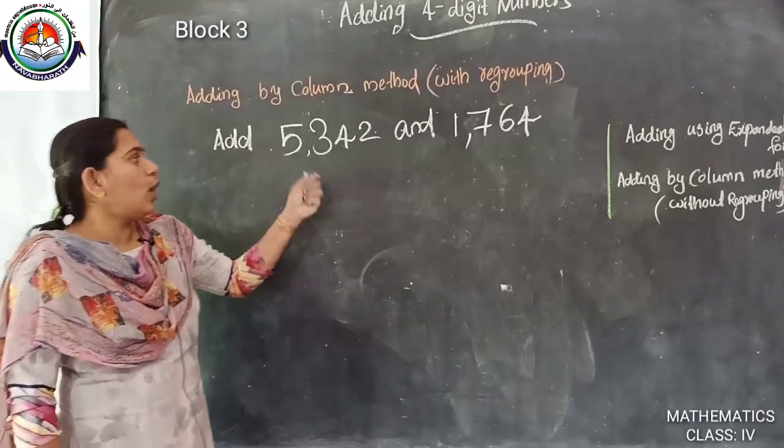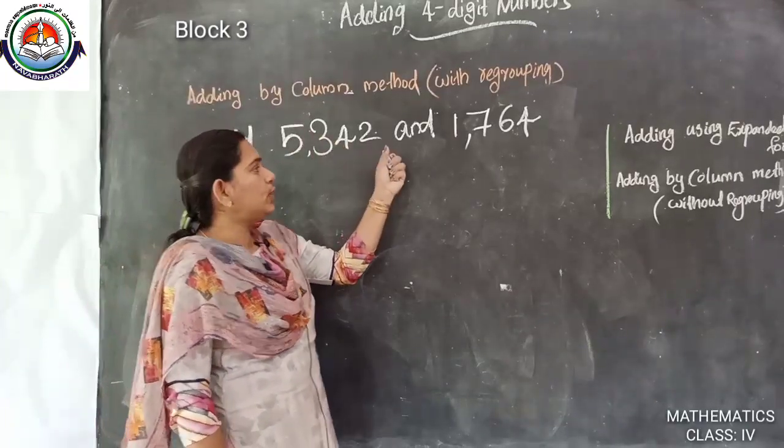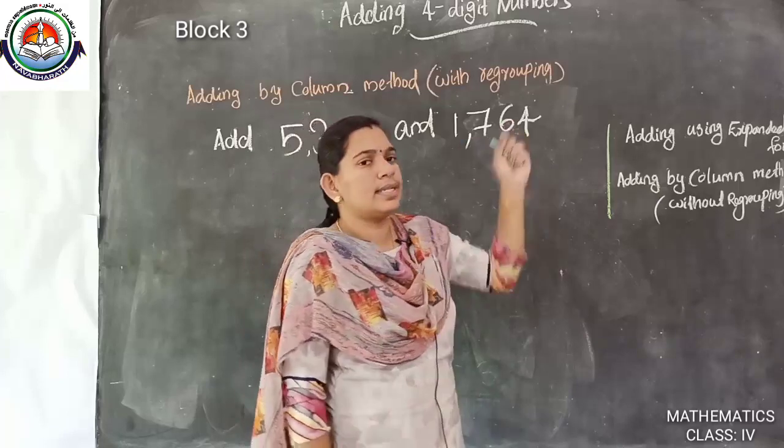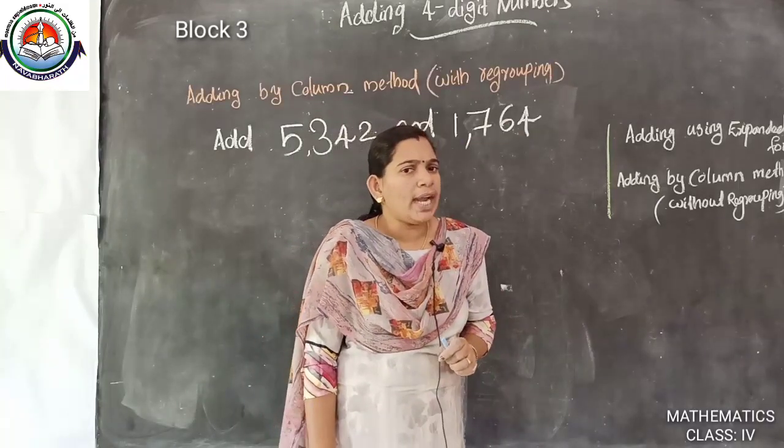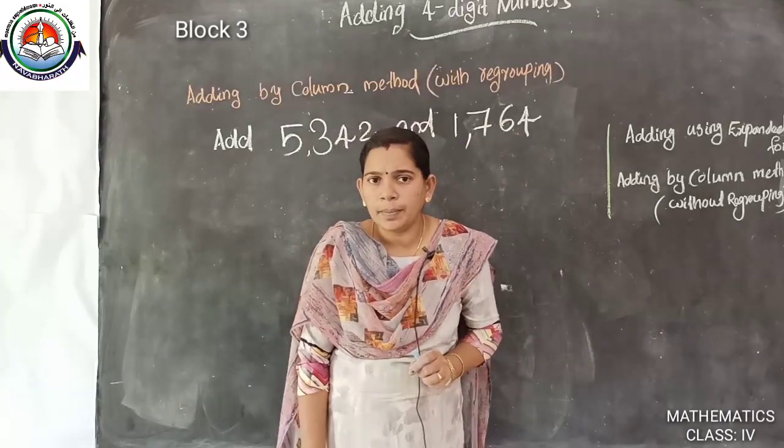We want to add 5342 and 1764. You know how to add using expanded form? Do you remember?